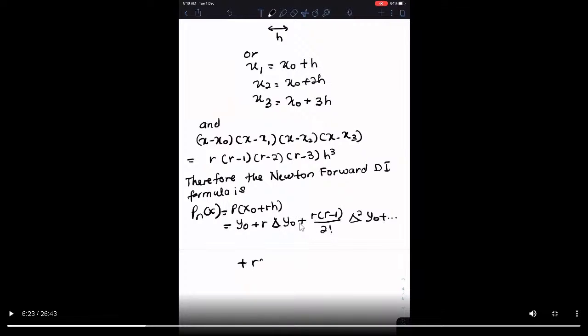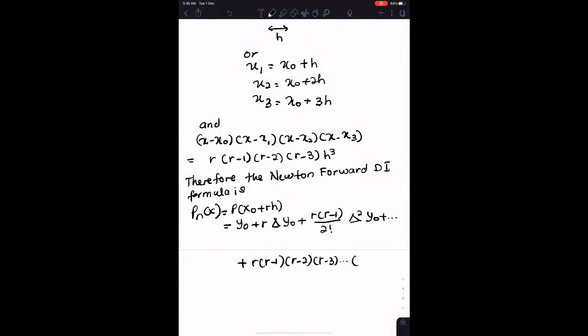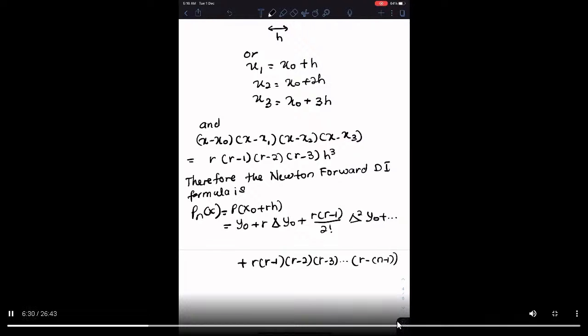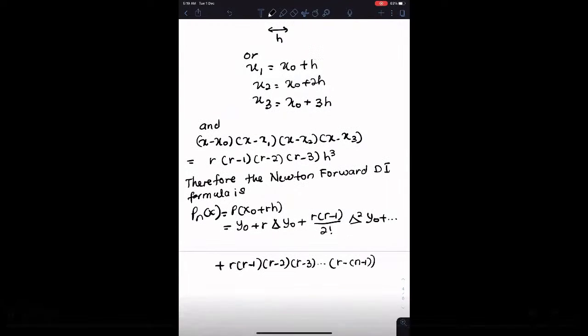I just write it in the simplest form: Δ1, Δ2, Δ0, plus, because we need to continue with (r-1), (r-2), (r-3), times (r-n+1), divided by n factorial, times Δ^n y0.